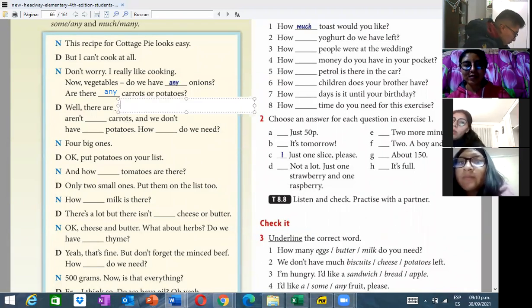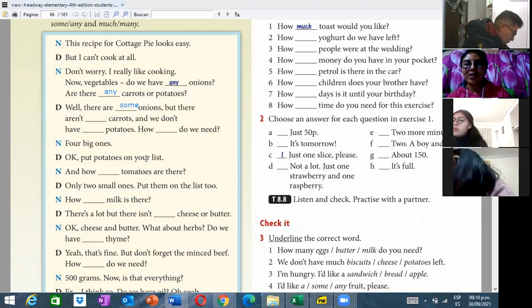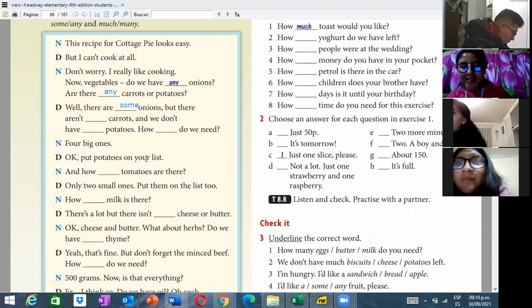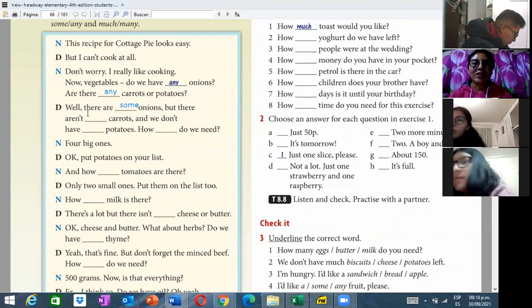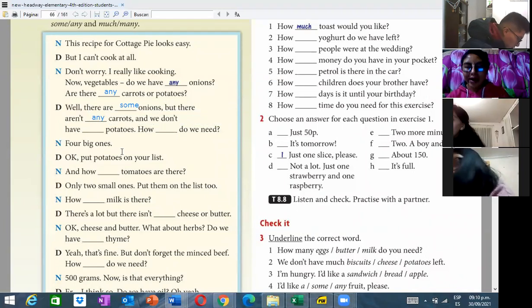Some. Very good. There are some onions, but there aren't any carrots. Any carrots. Very good. There aren't any carrots. And we don't have some potatoes.